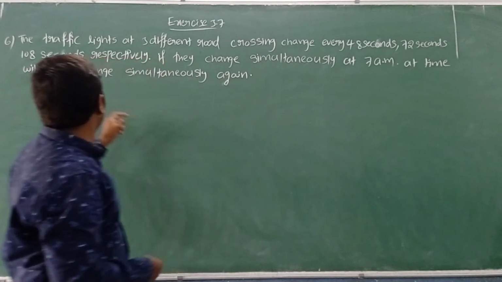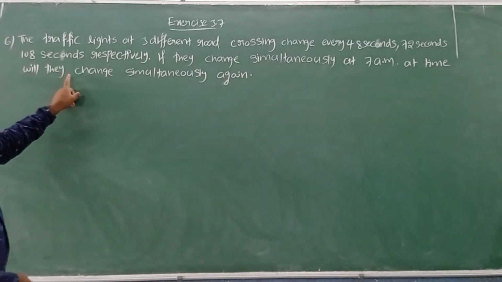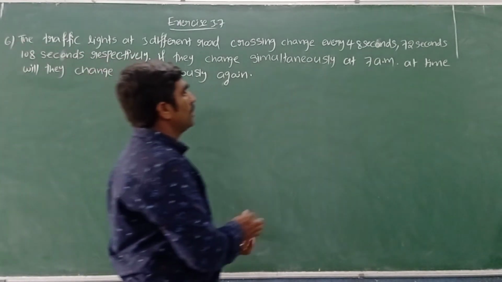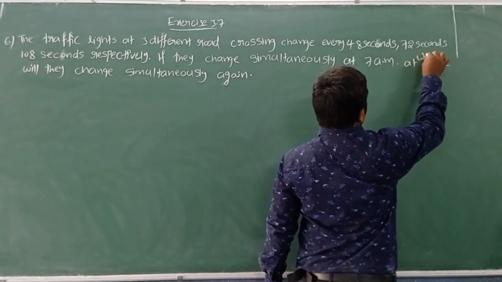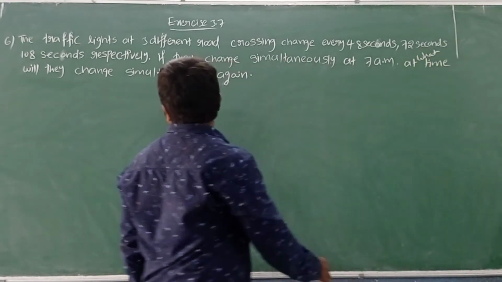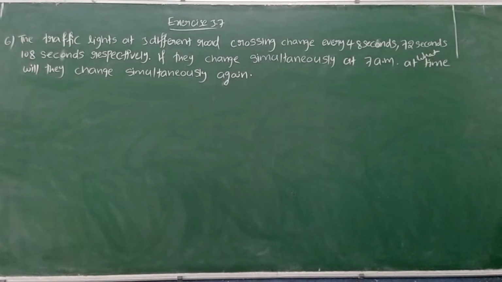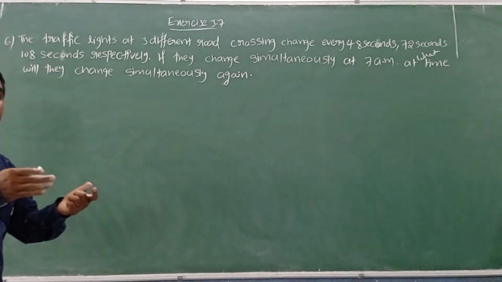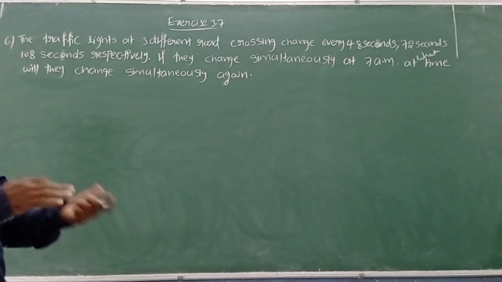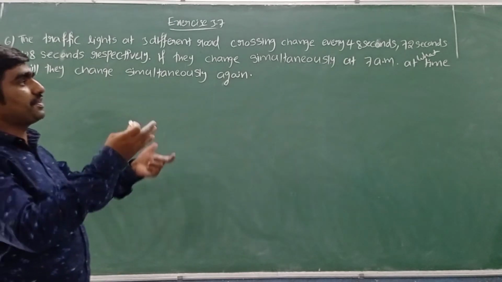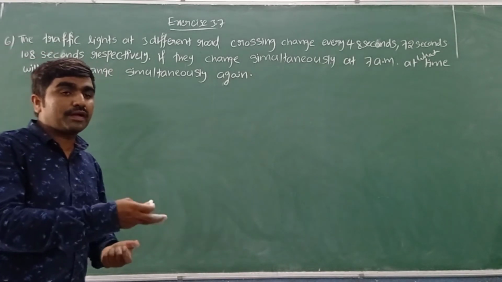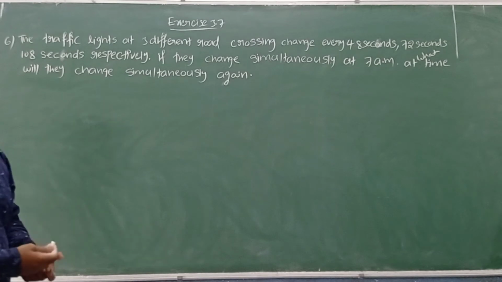At what time will they change simultaneously again? See, at 7 am all the three lights changed at a time. Again after that 7 am, at what time are all the three lights going to change at a time?